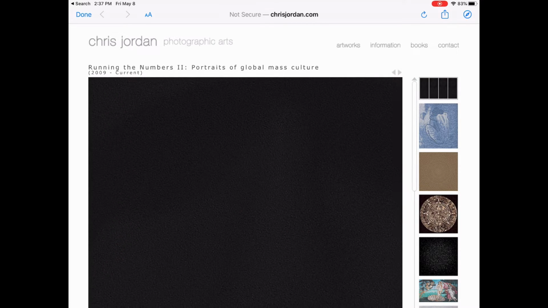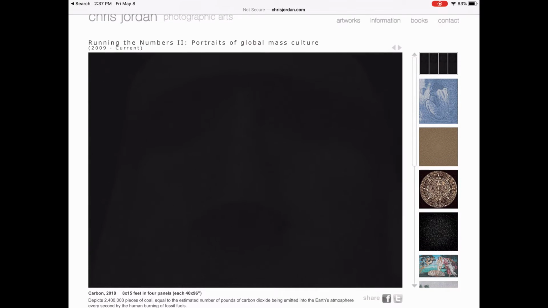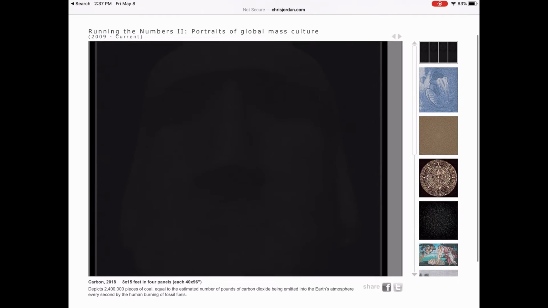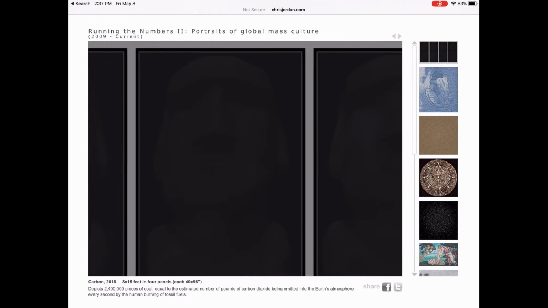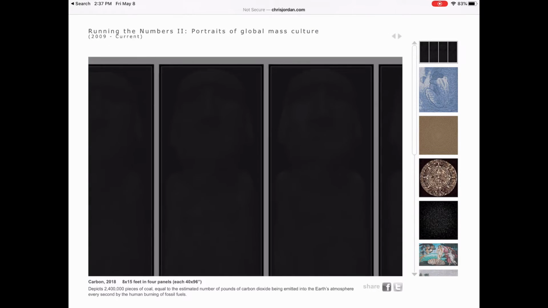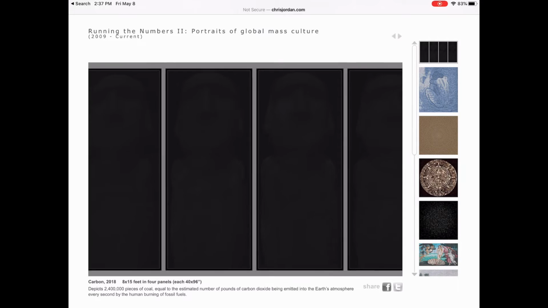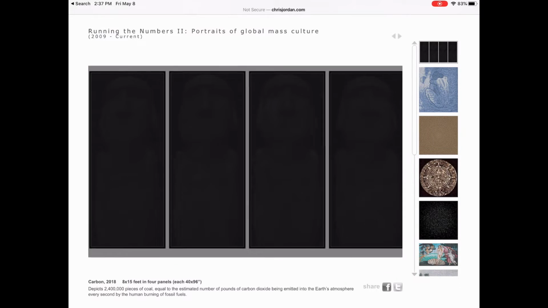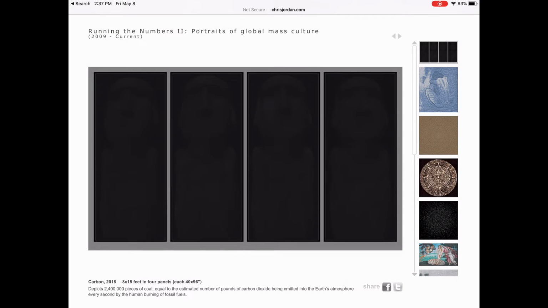The one that's going right now used 2,400,000 pieces of coal, which is equal to the estimated number of pounds of carbon dioxide being emitted into the Earth's atmosphere every second by the human burning of fossil fuels. You can see here, each of these panels, which are 8 by 15 feet in 4 panels, has a face, a figure in there.